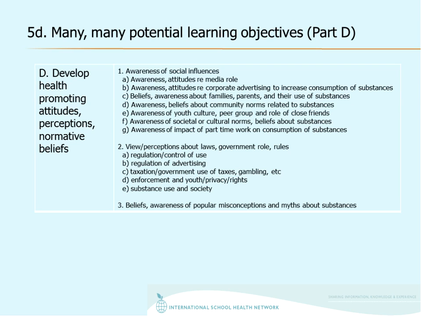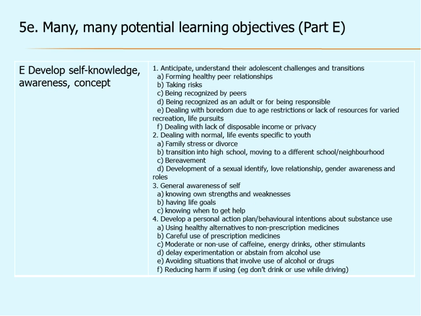And awareness of social influences, as many will know, is a traditional approach to not only drug education but tobacco and other areas. And so although there are only about 10 or 12 objectives here, there are obviously more than 10 or 12 lesson plans that might come out of that. Developing self-knowledge or awareness or self-concept, again, you can see the number of topics that can be dealt with there.